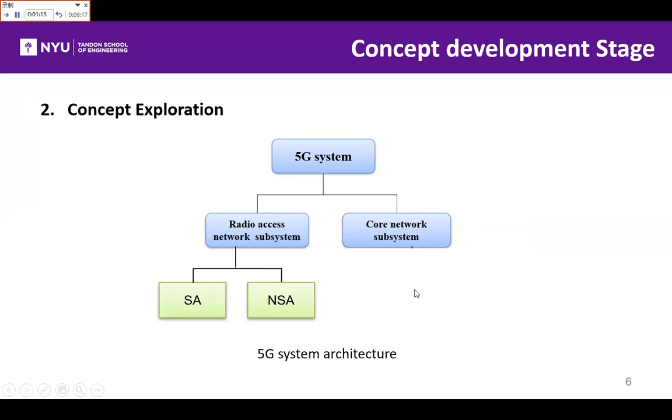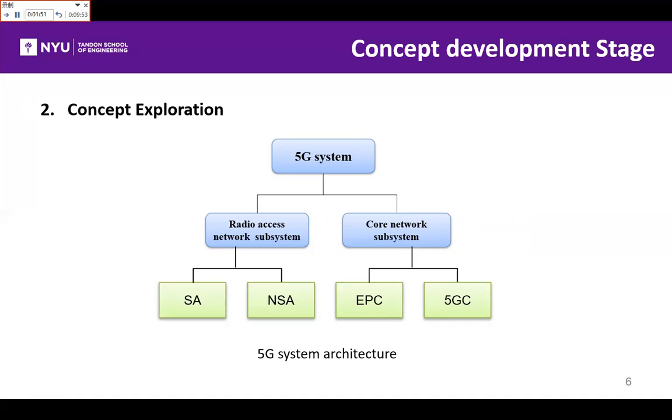For the core network subsystem, there are also two types of network. One is EPC, evolved packet core, and the other is 5GC, the 5G core network. EPC is based on the traditional packet core network, which is used in the 4G system, and 5GC is a brand new technology.